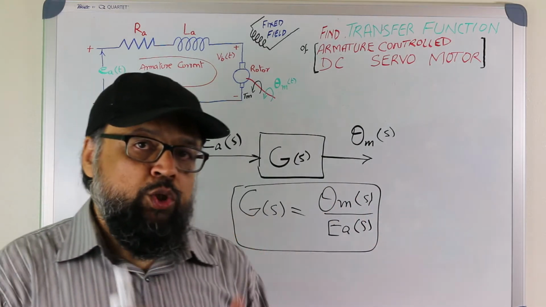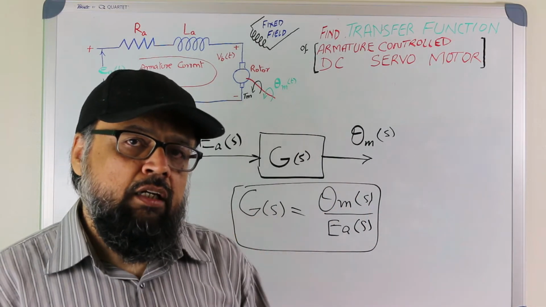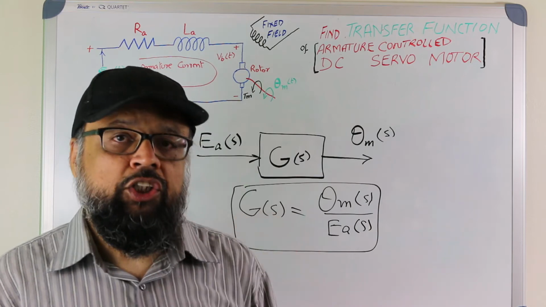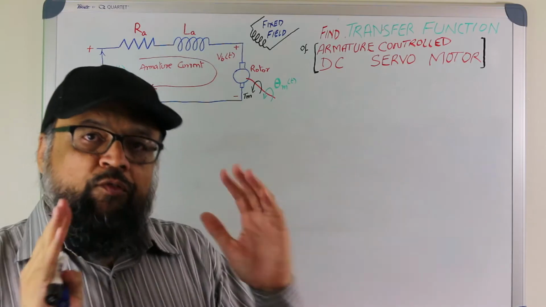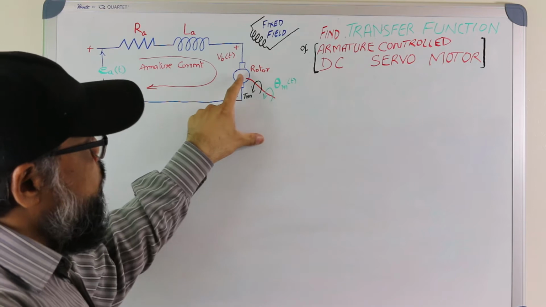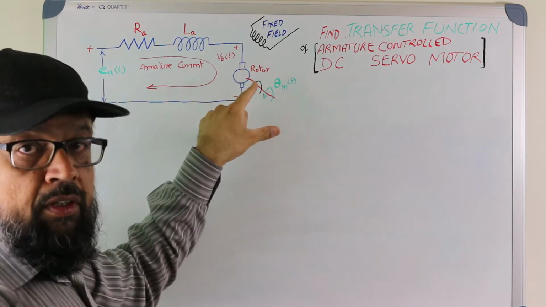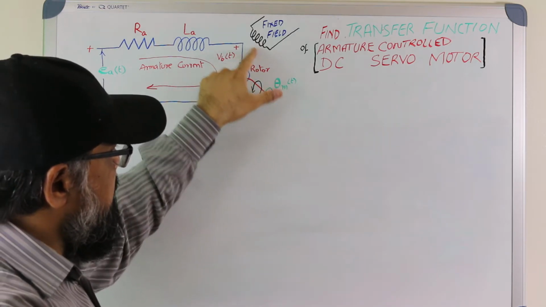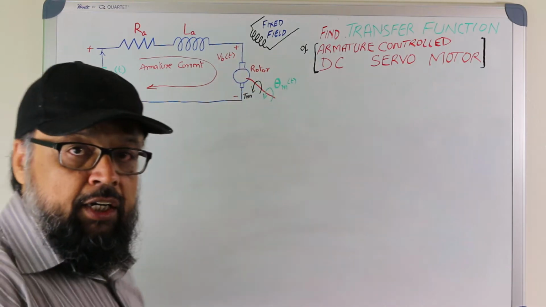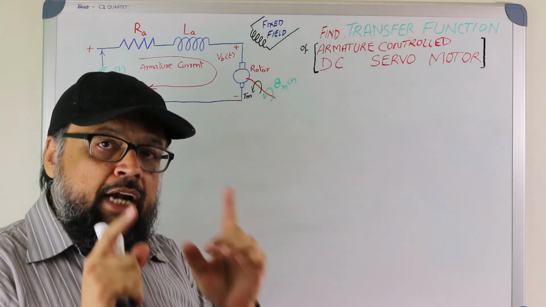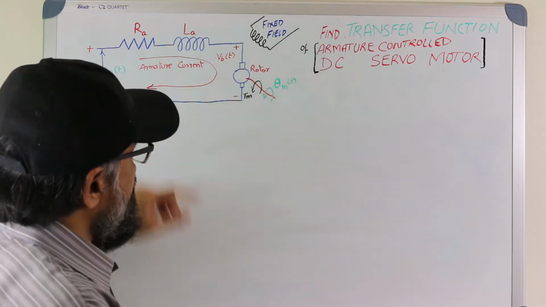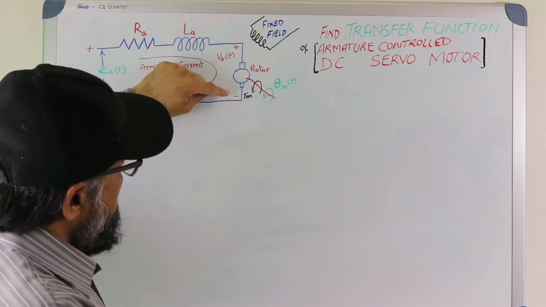And now how to proceed? You should understand four critical steps, as I mentioned earlier. So what is the first one? When this rotor is rotating, it cuts the field, it interacts with this fixed field at a right angle, and due to that it generates a voltage across its terminal.